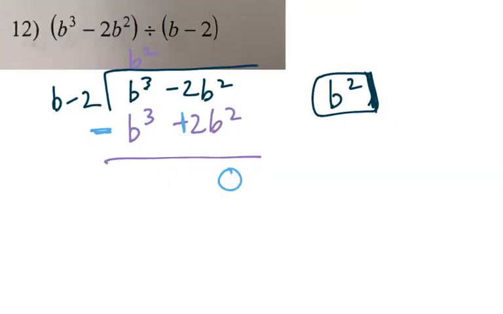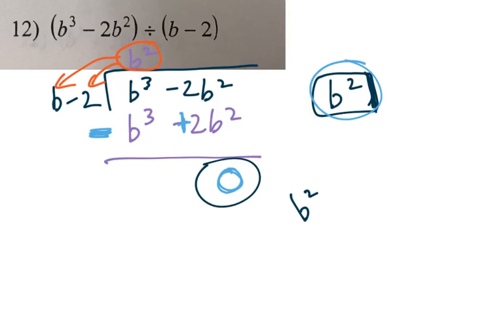Okay, and then finally on number 12, this was a cool one because once I did b squared times b minus 2, as you can see again with my blue subtraction shown here and here, I end up with a 0 remainder after the first step. So my answer is b squared, but just as important, understand what that means.